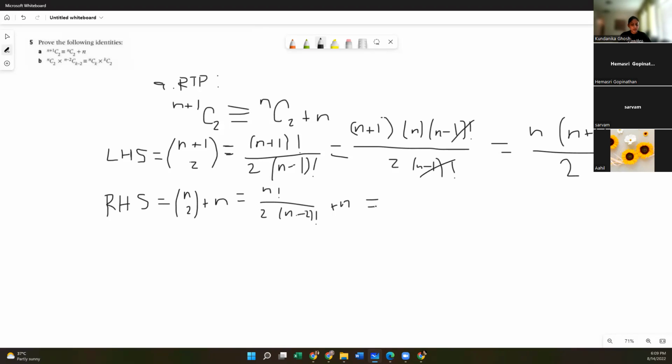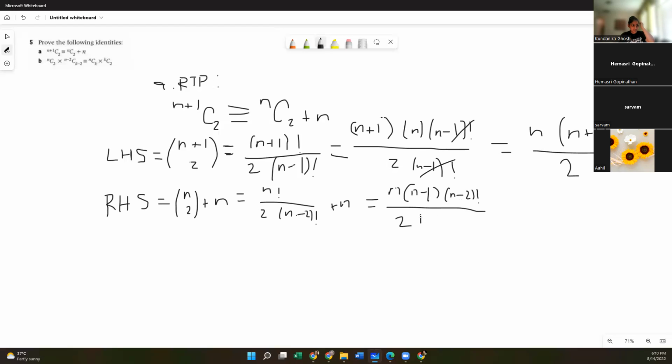And then remember what we did here where we said n times n minus 1, well, in this case n is n plus 1. So n plus 1 times n plus 1 minus 1 times n plus 1 minus 2 factorial. We're going to do the same thing over here, n times n minus 1 times n minus 2 factorial, so that we can cancel out stuff on both the numerator and the denominator.